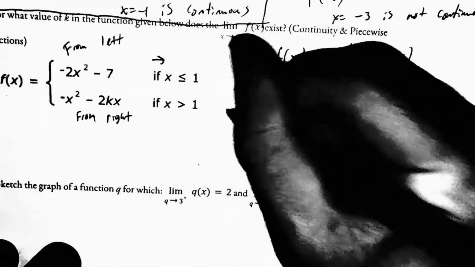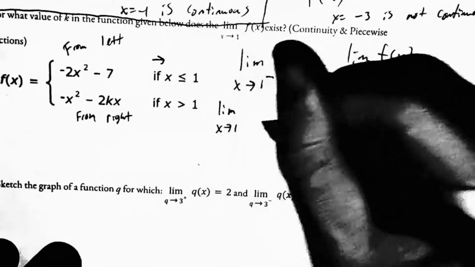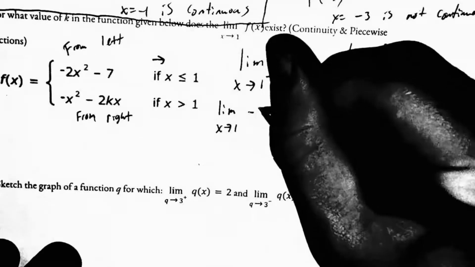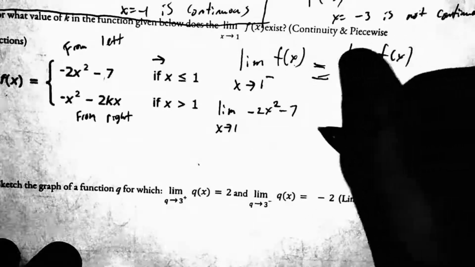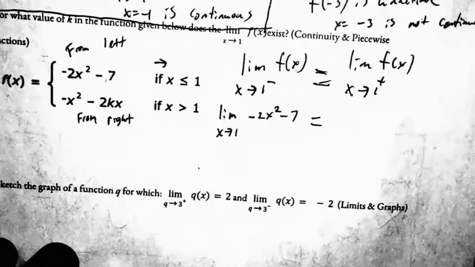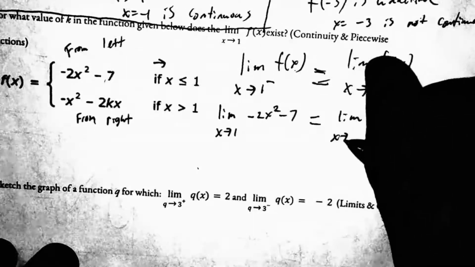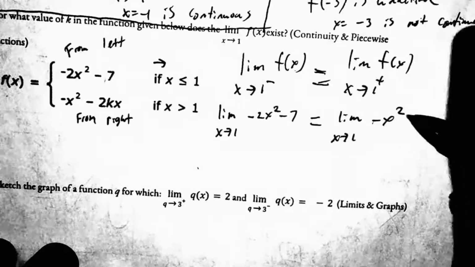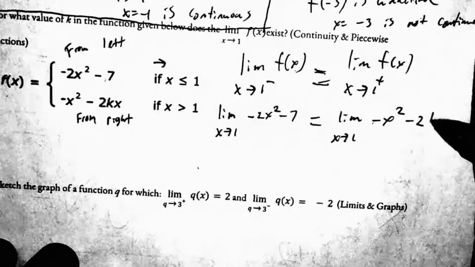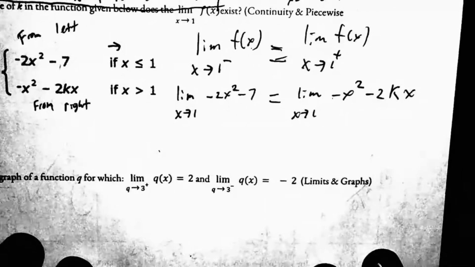So the limit as x approaches 1 of -2x squared minus 7 needs to equal the limit as x approaches 1 of -x squared minus 2kx. Here, we're using direct substitution.